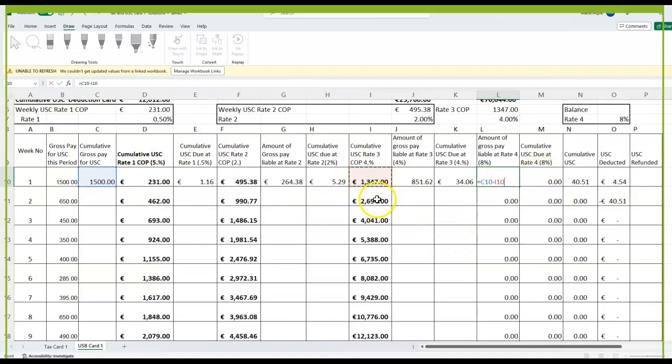So the excess over rate 3 then is 153, and that is then multiplied out by 8%. In most events, we probably won't see the full 4 figures going in, but it is just to follow up on the actual calculation, just to refresh it there. So the amount we're deducting is 52.75.